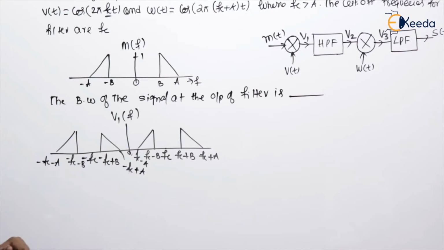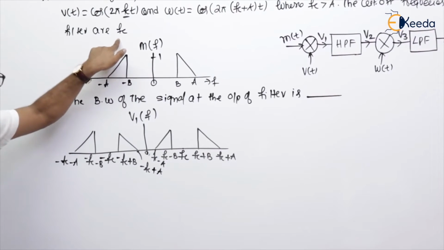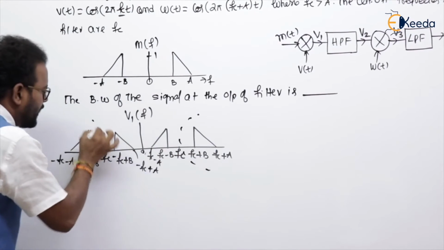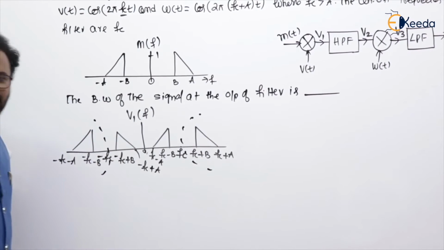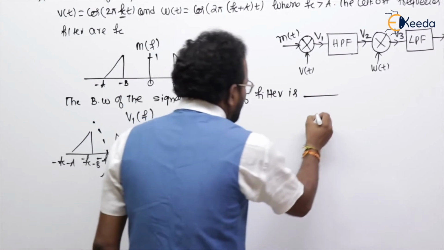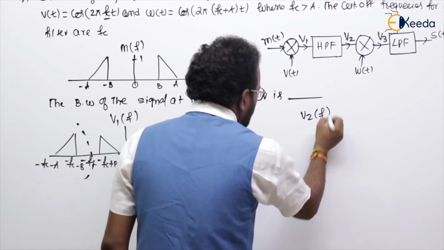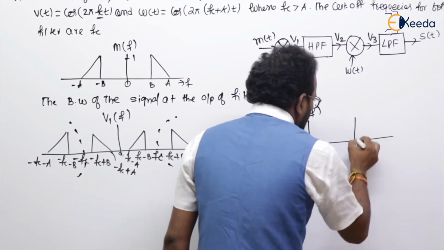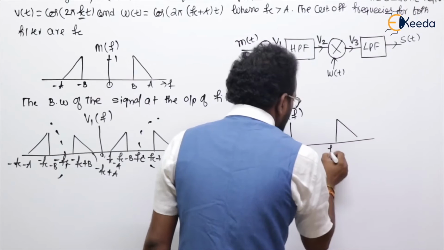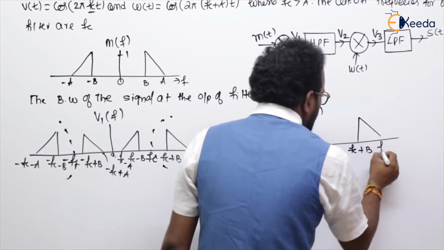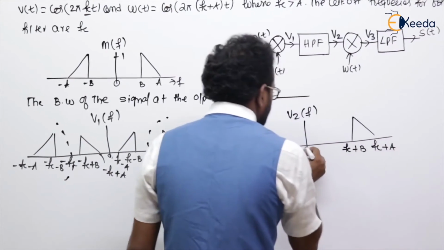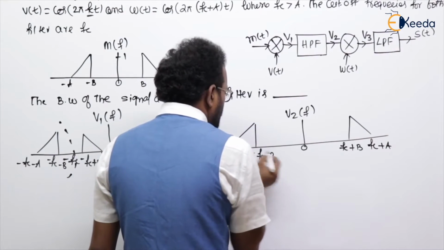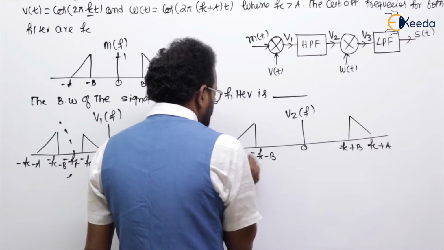Given to a high pass filter of cutoff frequency fc, so the high pass filter will keep all the components above fc. So what is the high pass filter output? I told V2. What is V2 above fc? It allows fc plus b, fc plus a, and minus fc minus b, minus fc minus a.